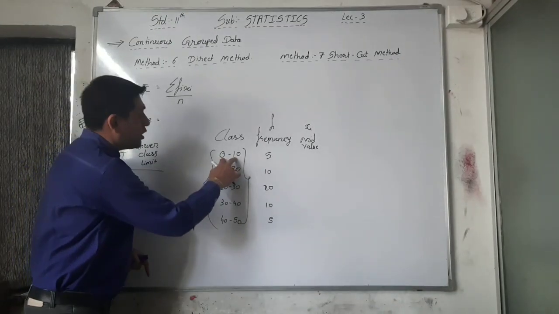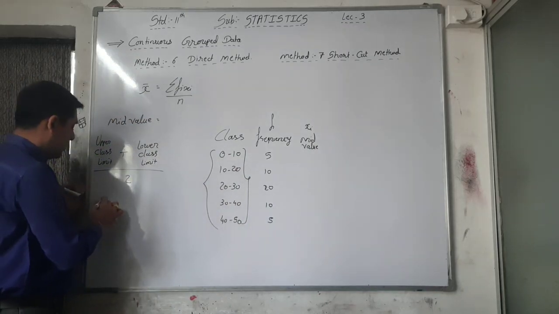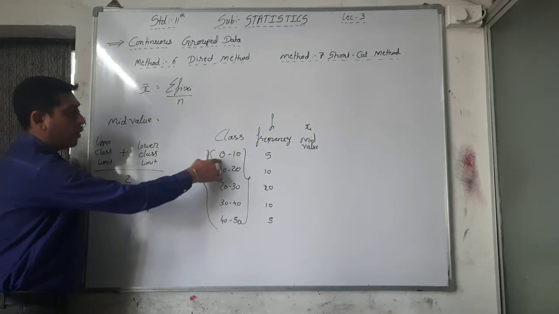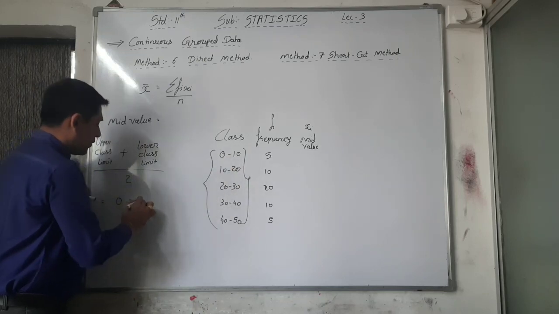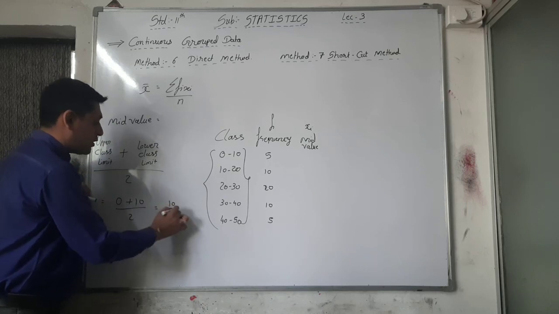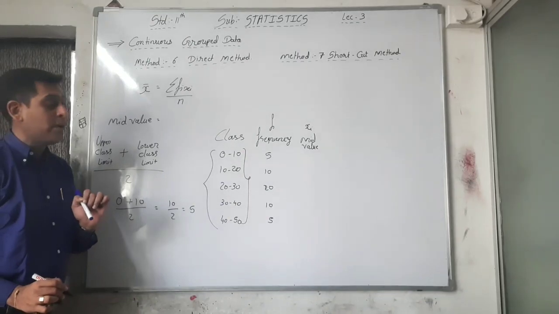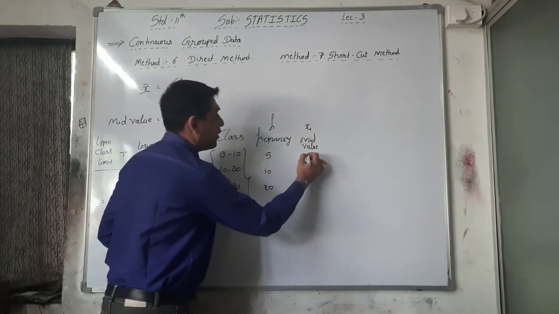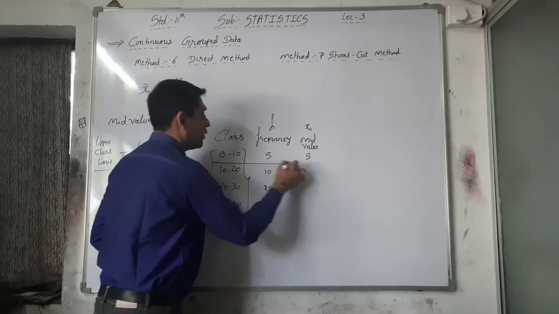So for this class you can find the mid value this way: 0 lower class limit plus upper class limit 10, that is 10, divided by 2, so 5 is your mid value. You can write here 5 as the mid value of this class.